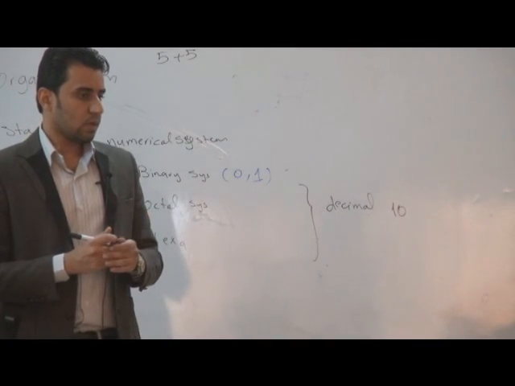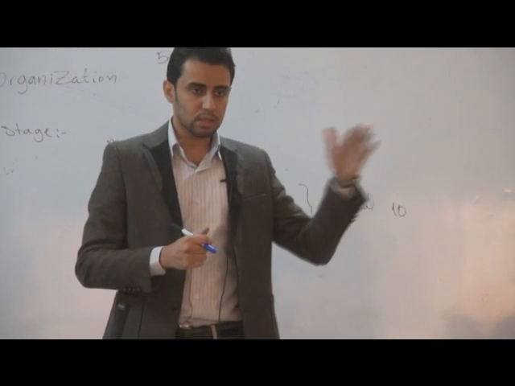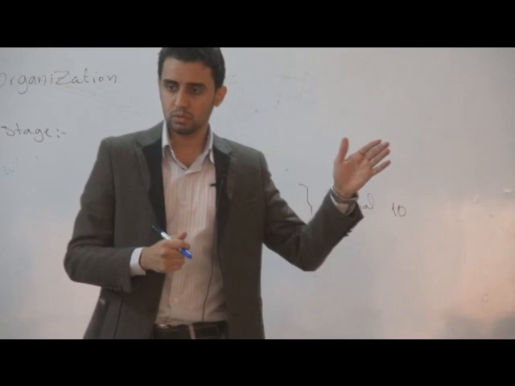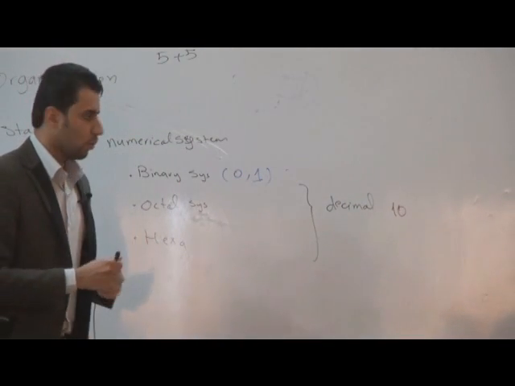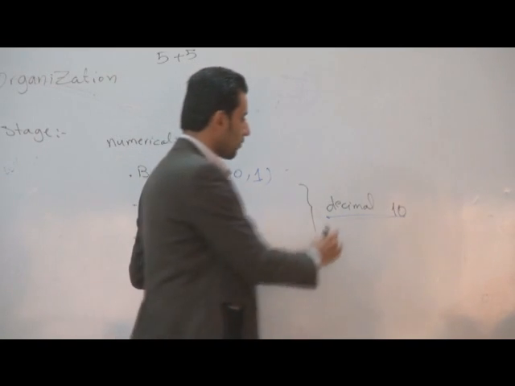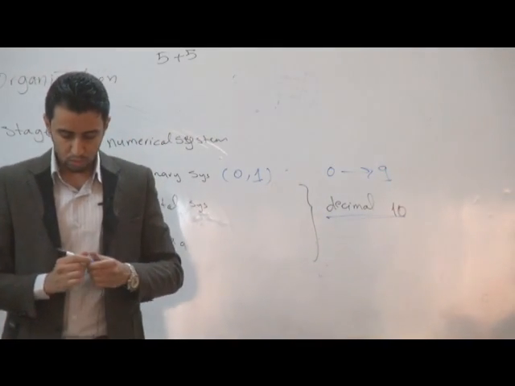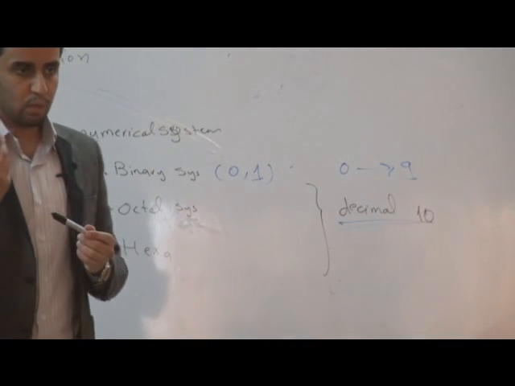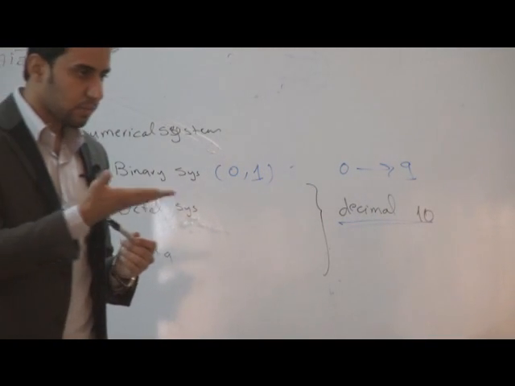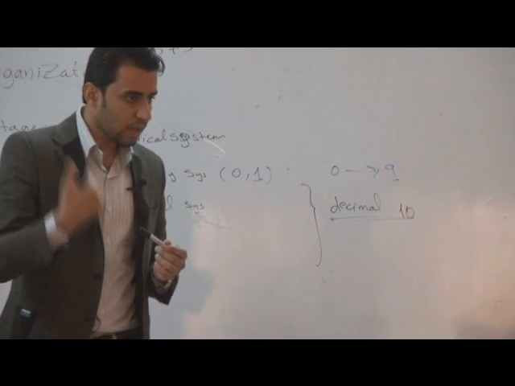Same thing, when we grew up, in primary school, secondary school, high school, and then college, we dealt with the decimal system, with numbers from 0 to 9. Now we want to know how we can convert these numbers to machine language.